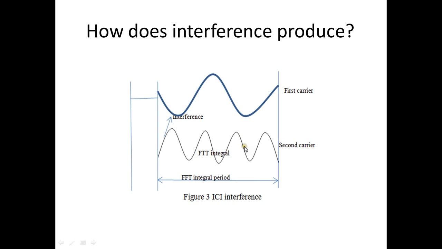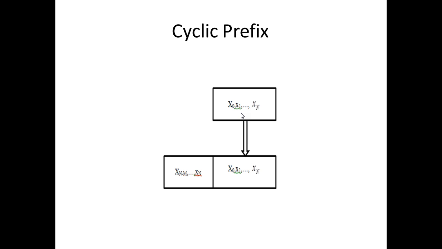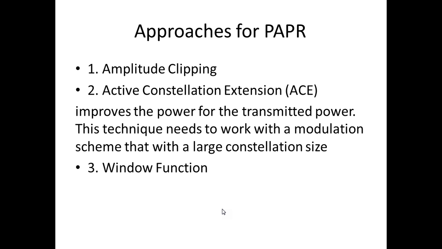Similarly, when the receiver receives the signal from the second carrier, there is also some interference coming from the first carrier. So that's a problem. Our solution is to insert a cyclic prefix in front of the transmitted signal. We copy samples from this signal and put them in front of the transmitted signal and combine them together as our transmitter package.